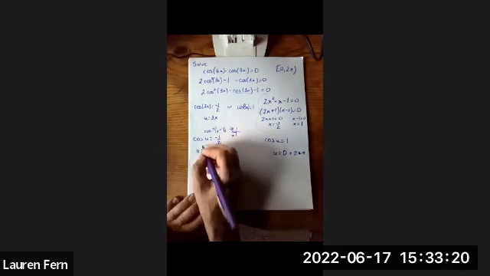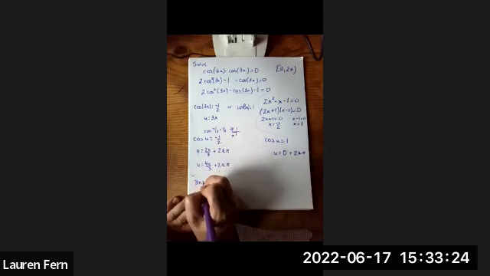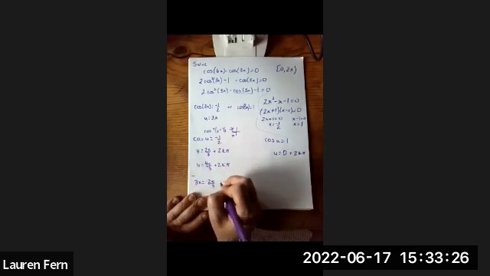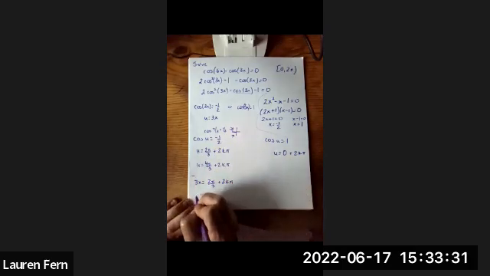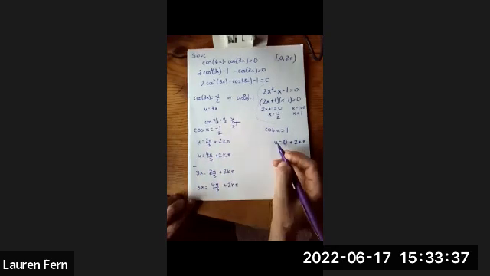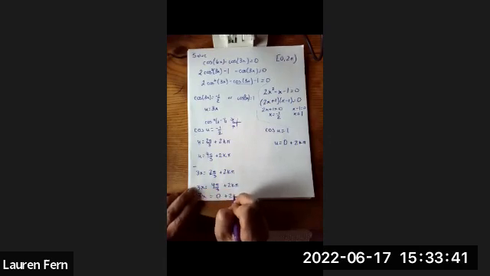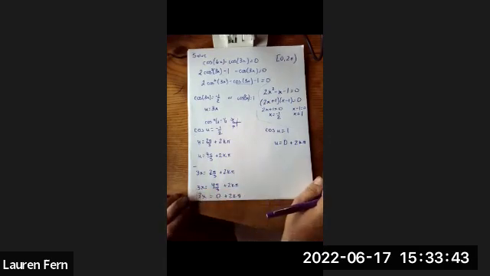So I claim from each of these three, I'm going to get 3x is 2 pi over 3 plus 2k pi, 3x is 4 pi over 3 plus 2k pi, and 3x is 0 plus 2k pi.